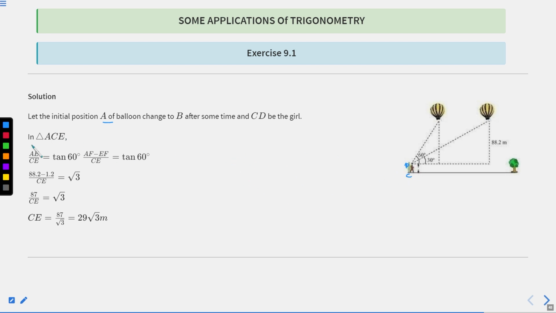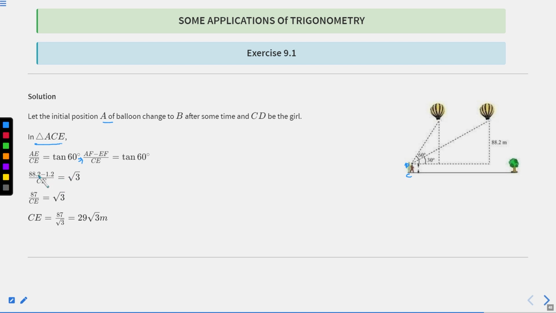And here in triangle ACE, AE by CE is equal to tan 60 degrees, and it implies AF minus EF by CE is equal to tan 60 degrees, and tan 60 degrees is equal to root 3. Here we have AF equal to 88.2 and EF equal to 1.2.